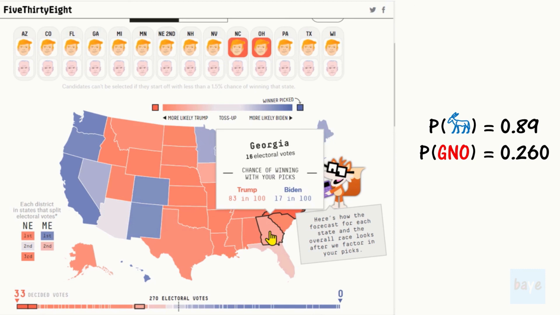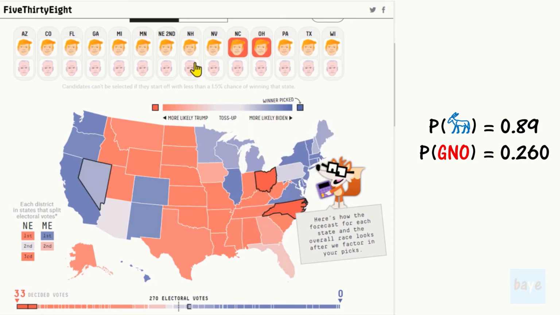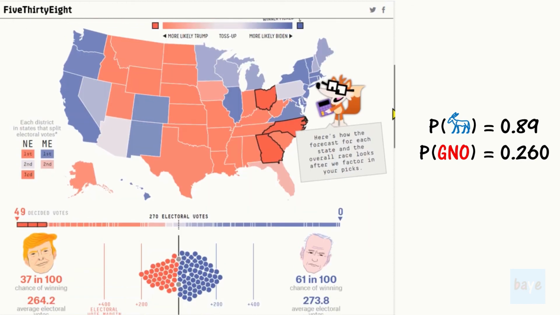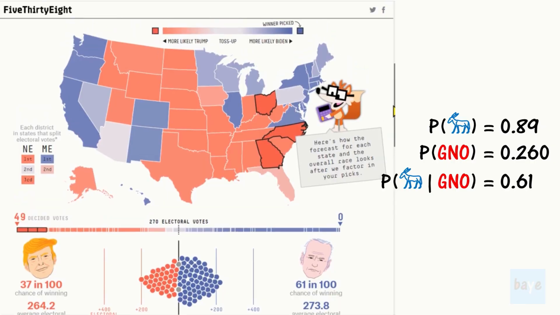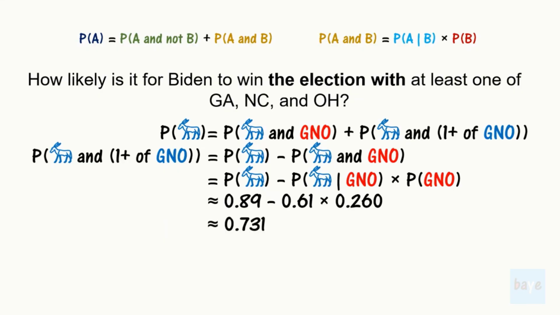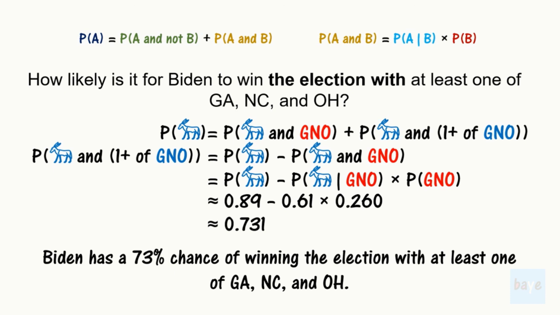If Trump wins Ohio, North Carolina, and Georgia, that still leaves Biden with a 61% chance. Putting the numbers in is approximately 0.73. So Biden has a 73% chance of winning the election with at least one of these 3 states.